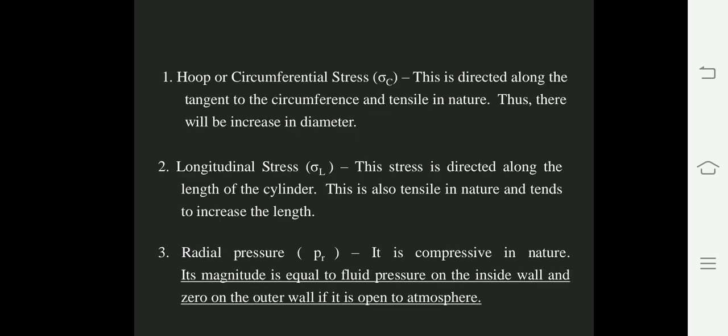Now let us see what the three types of stresses acting inside the cylinder are. The first is hoop or circumferential stress, the second is longitudinal stress, and the third is radial pressure or fluid pressure acting inside the cylinder.